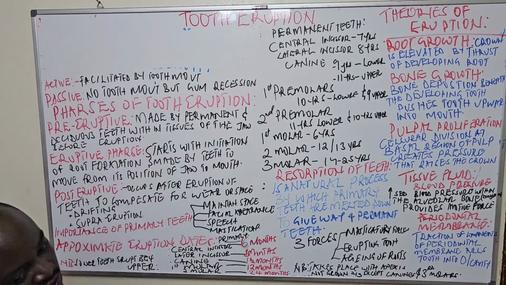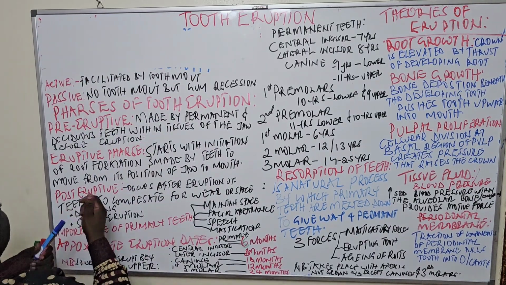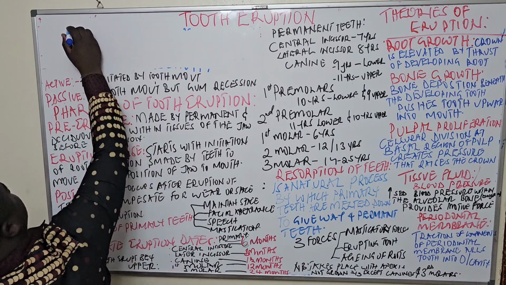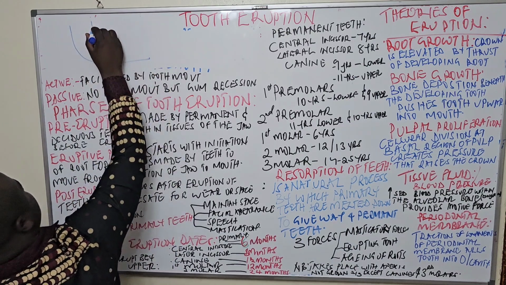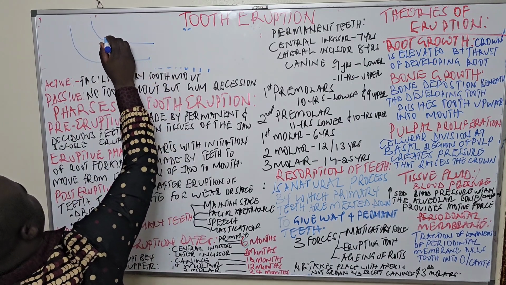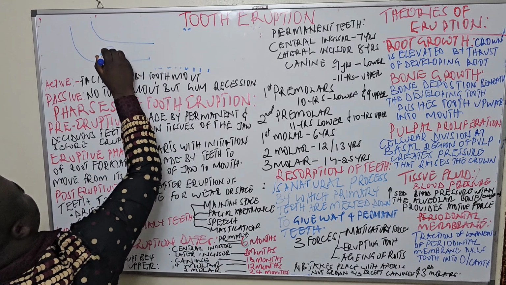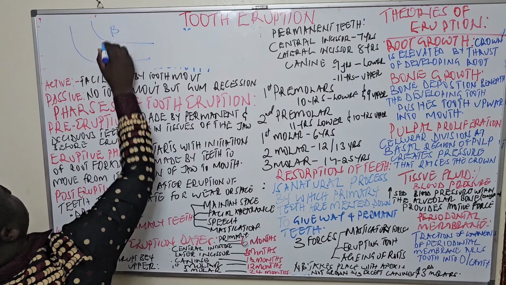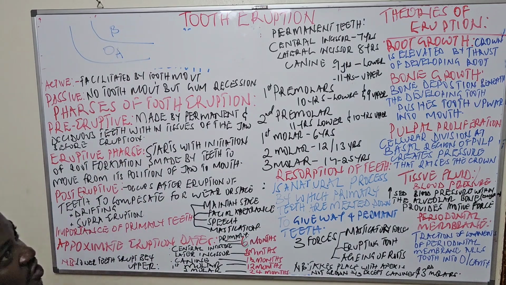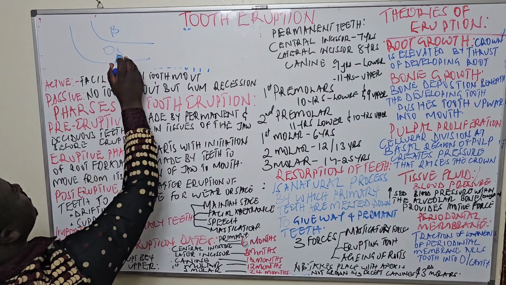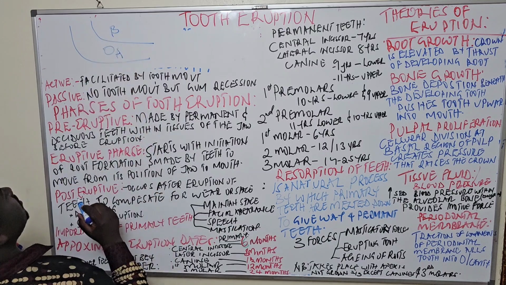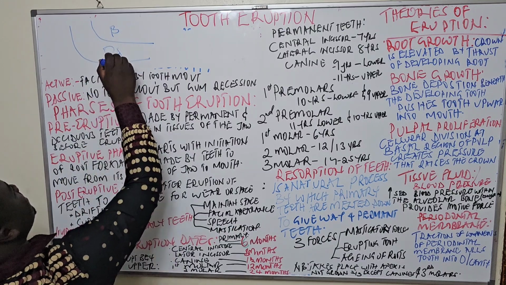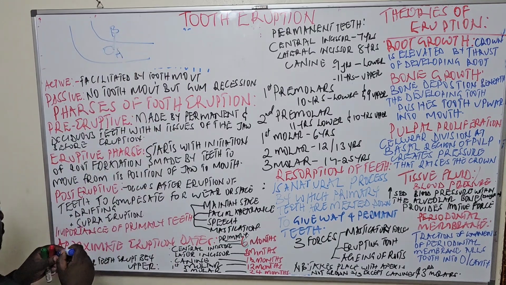If this is our jaw, we have position A and position B. We shall have the movement of a tooth from position A to position B. That is the eruption we are talking about.